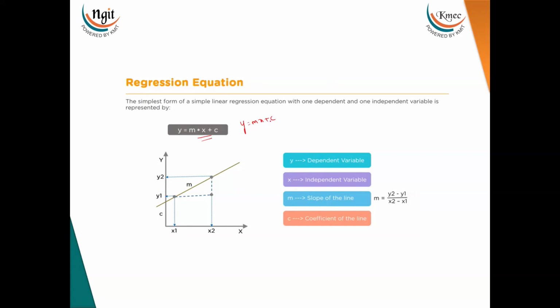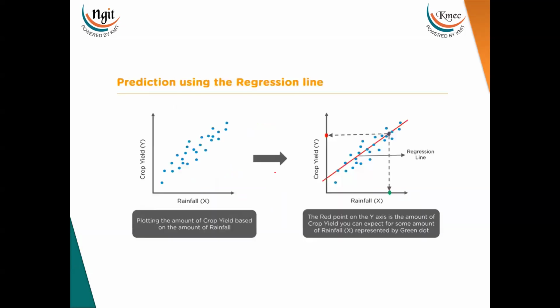When you represent it in mathematics, this is the slope and this is the c, and m is given by (y2 - y1) divided by (x2 - x1). This is how we calculate m. So y is the dependent variable, x is the independent variable, m is the slope of the line, and c is the coefficient of the line.